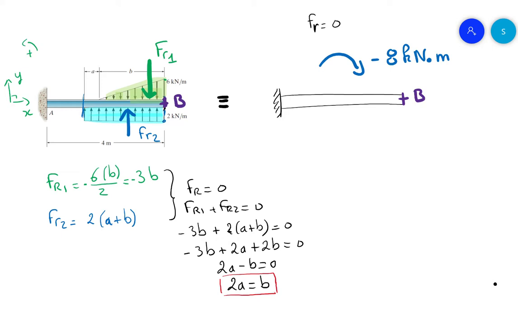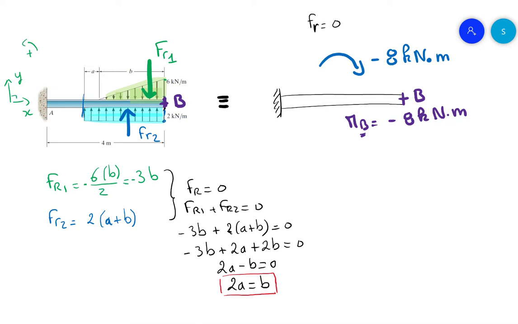The couple is a free vector. We can scoot the couple anywhere. So on the right, the moment about B, it's just the minus 8 kilonewton times meter. It's just a couple. It doesn't depend on the point, so that will be the same value everywhere.